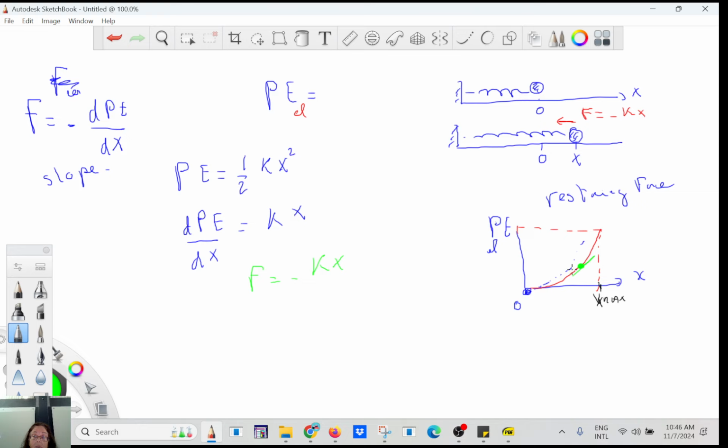And there is a negative to show you that the restoring force is pointing to the initial state. That restoring force wants to bring back the system to where it was before, to the lowest state of energy. So that's why we have a negative. A slope usually shows you, from a lower x to larger x, but here, because of the negative, this slope is representing the restoring force.